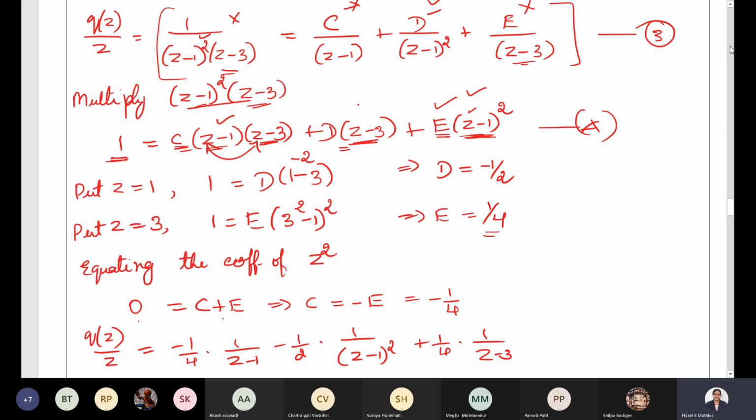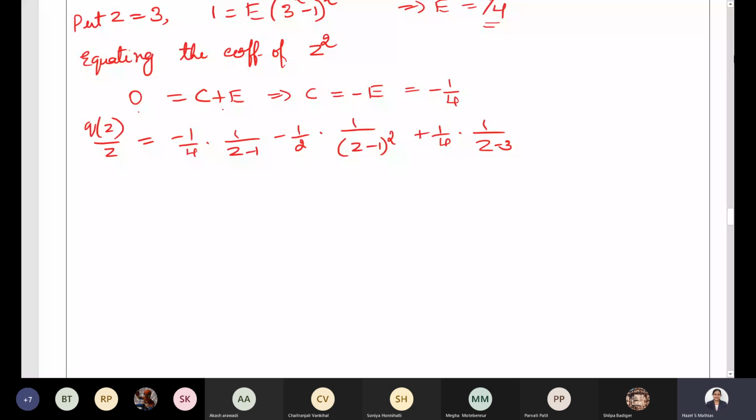Substituting C, D and E, what we do next is find Q of z. What is Q of z? Minus 1 by 4 into z by (z minus 1), minus half into z by (z minus 1) whole square, plus 1 by 4 into z by (z minus 3).